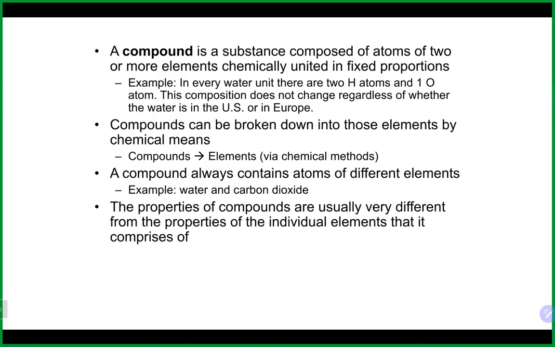So for example, water, which is H2O, basically our water looks something like this. This is a compound because it has two or more atoms of different elements. Water is also a molecule because it has two or more atoms together.